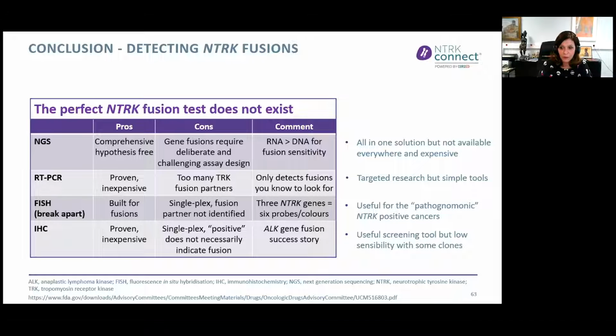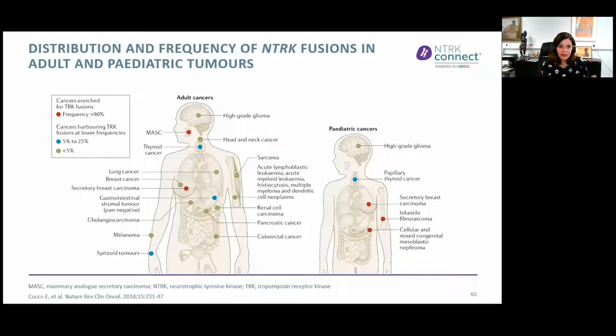And immunohistochemistry could be a very interesting screening tool, but of course, even if we have a high level of expression, today we need to have a confirmation by NGS or FISH or RT-PCR if we look for a very specific alteration. So this has an impact on the strategy for fusion.